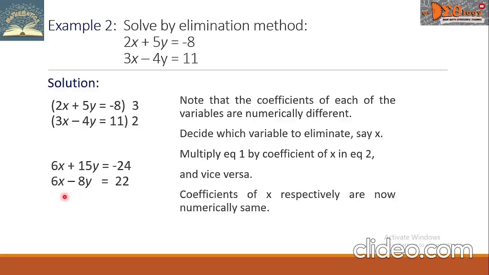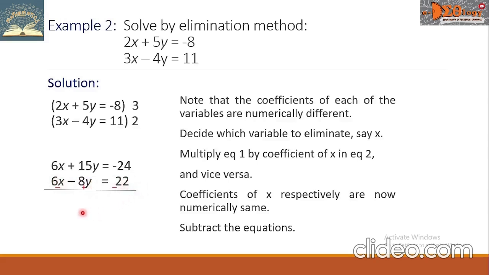Now we see that the coefficients of x are now numerically the same. Therefore, we will subtract the equations. Remember, when we subtract, we need to change the sign of the terms of the second equation. The 6x here becomes negative, negative 8y becomes positive, the positive 22 becomes negative.